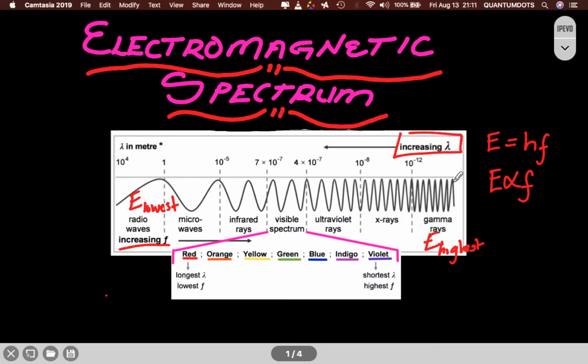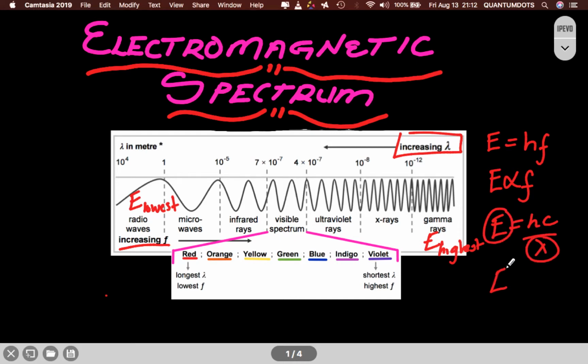Another equation that can explain this, but in terms of the wavelength, is the energy of a photon being equal to hc over the wavelength, where these are constants. h is the Planck's constant and c is the speed of light in a vacuum, divided by the wavelength. So as you can see, the energy is inversely proportional to the wavelength.